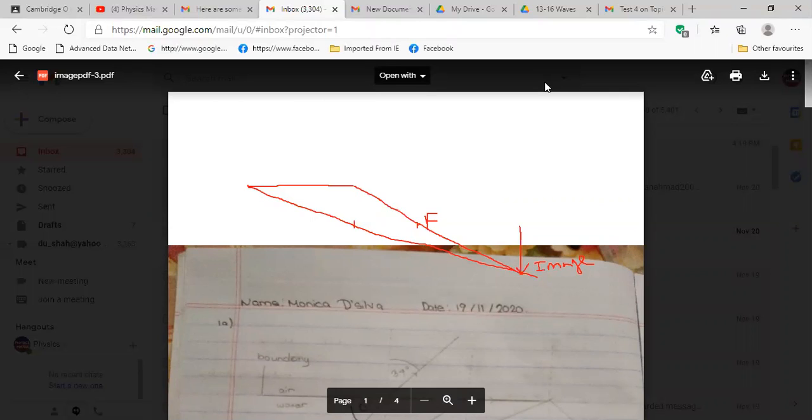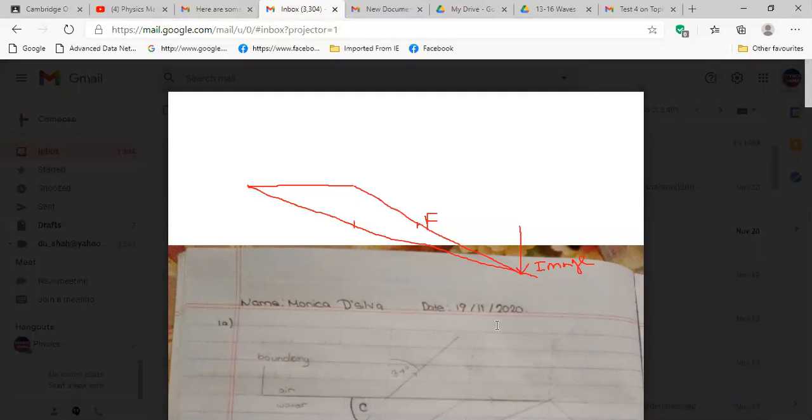1, 2, 3, 4, 16. 1, 2, 3, 4, 16. So you write here 16 by 20 equals 80%.